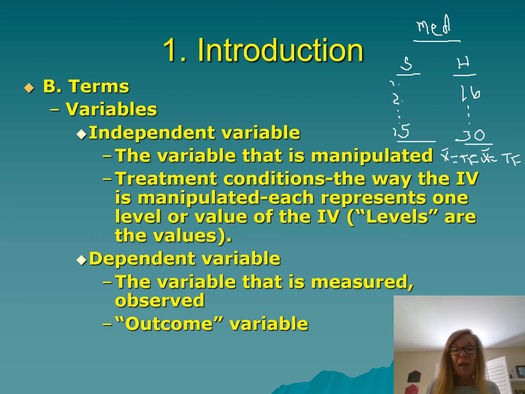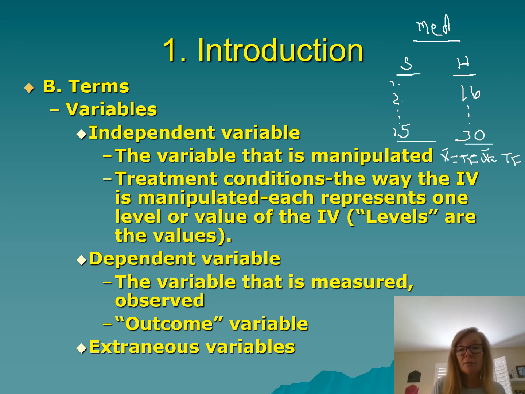In order to do that, we're going to be required to rule out all possible extraneous variables. What are extraneous variables? Remember when I was telling you that all other competing explanations must be ruled out. All of those other competing explanations are considered extraneous variables.